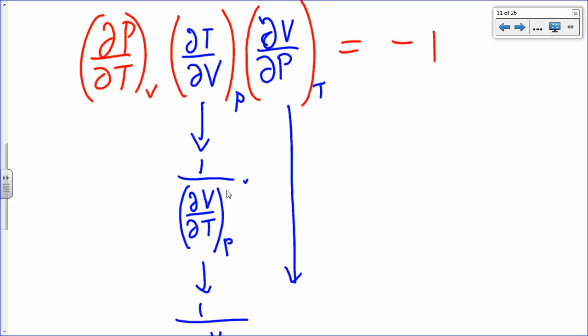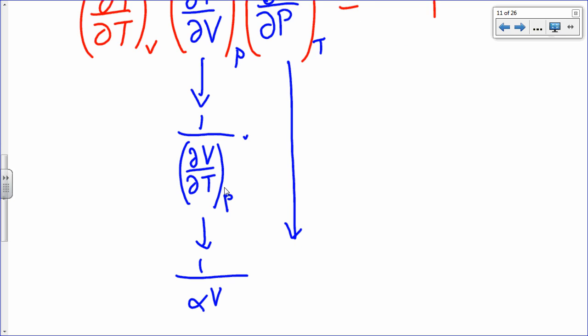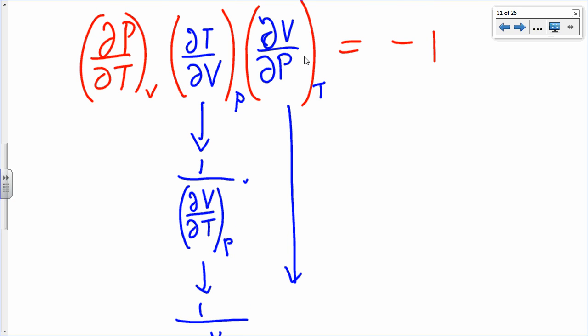And this is what? We've seen this derivative earlier. Partial of V with respect to pressure at constant temperature. We had used our alpha, so what's the other one we have to use?